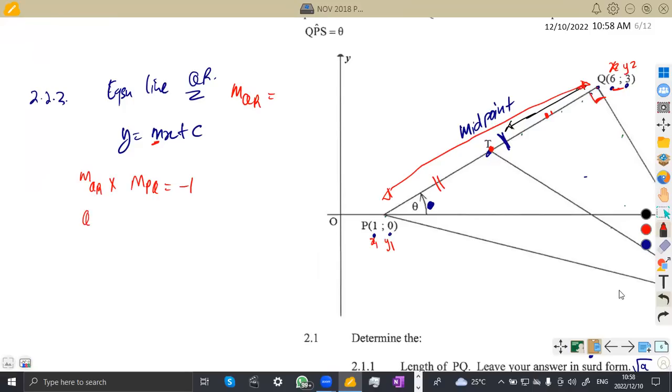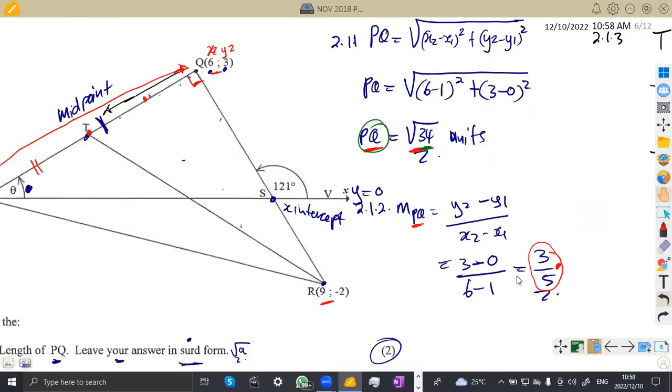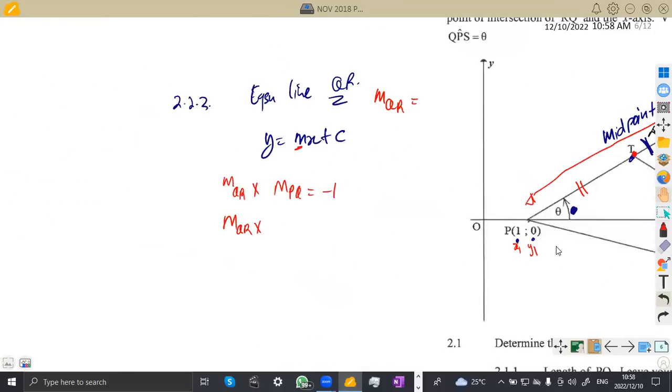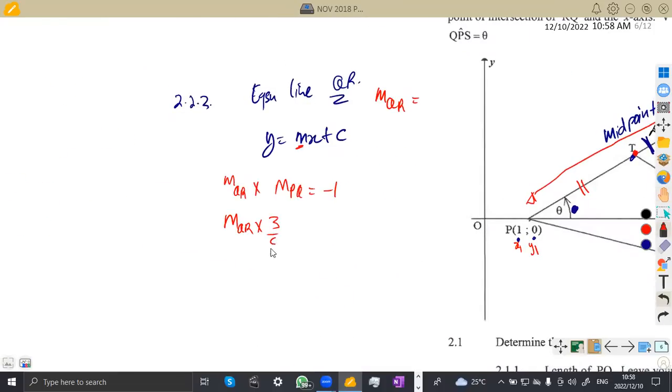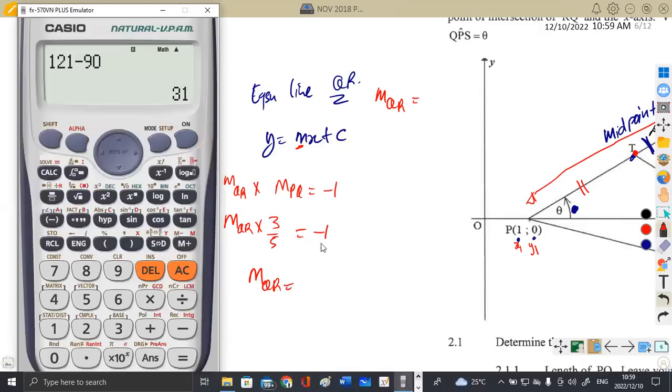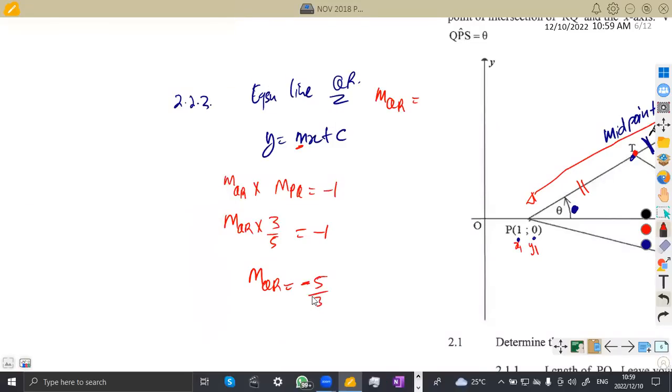The gradient of QR multiplied by the gradient of PQ, which was 3/5, equals -1. To find the gradient of QR, you simply divide by 3/5: -1 divided by 3/5. Let's see what you're going to have. That is -5/3. So that is the gradient of the line QR.